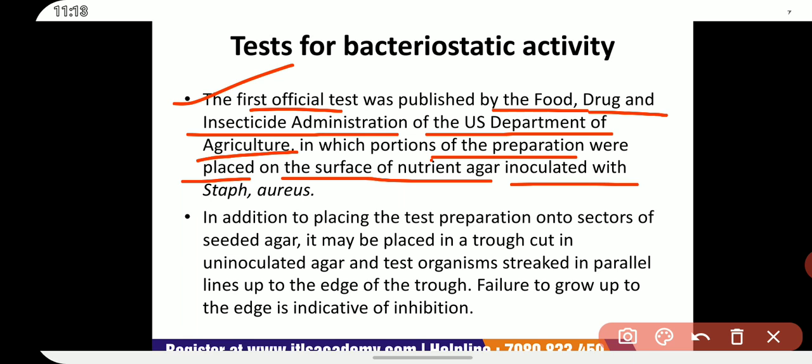After incubation, the zones of inhibition, if any, around the preparation were measured.